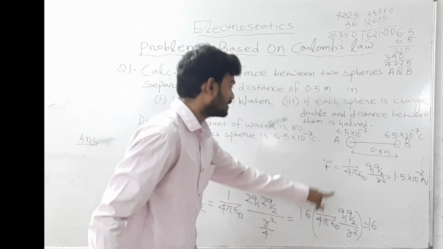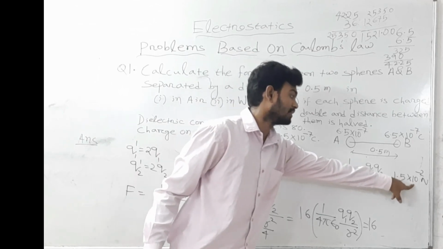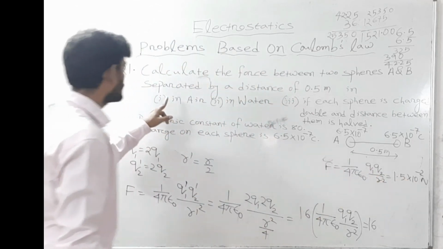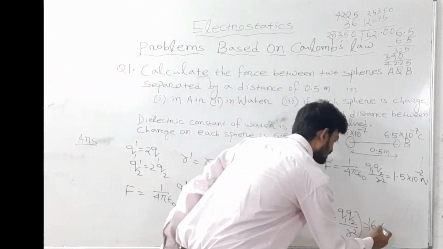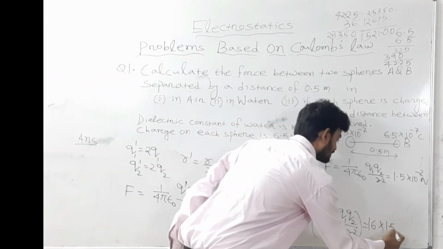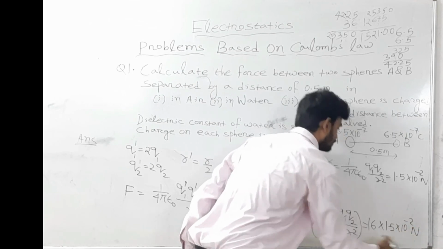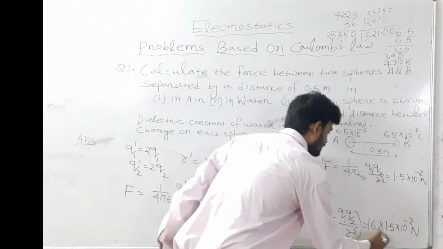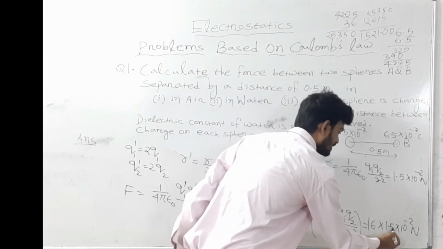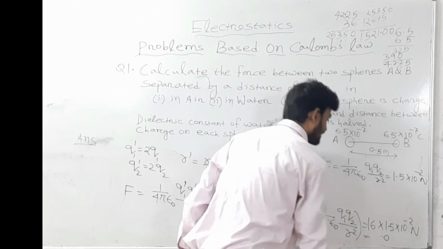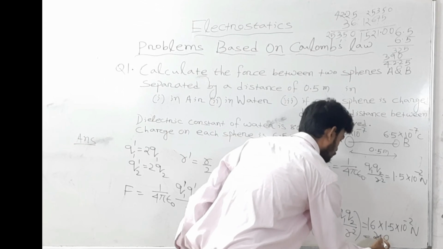We know the value of 1 by 4 pi epsilon naught q1 q2 by r square as 1.5 into 10 to the power minus 2 Newton from the first question. So we can write 16 into 1.5 into 10 to the power minus 2 Newton. Multiplying 16 with 1.5, we get 24.0.